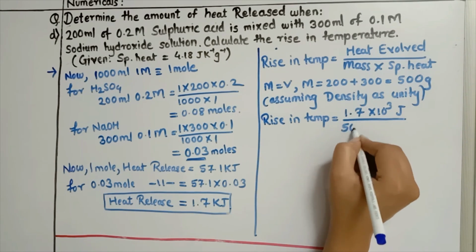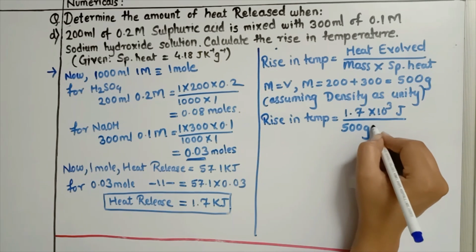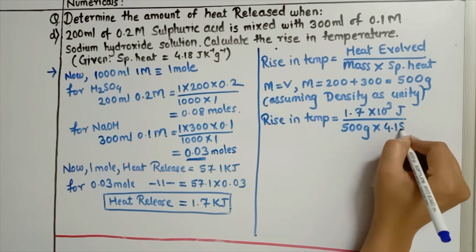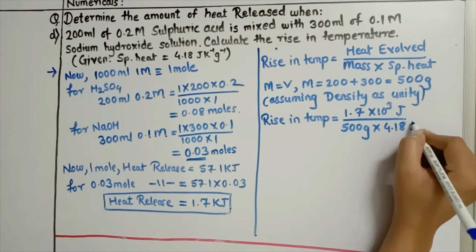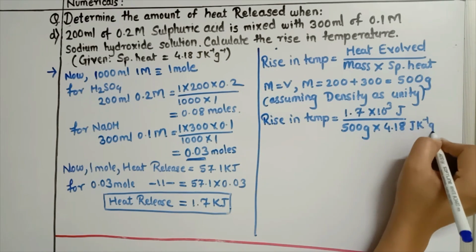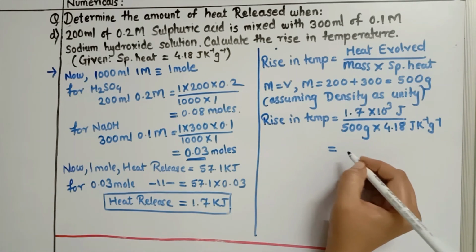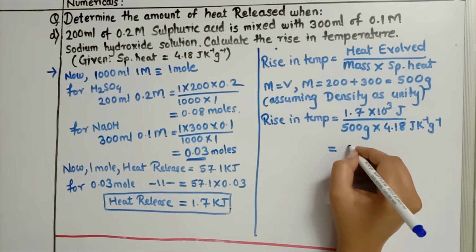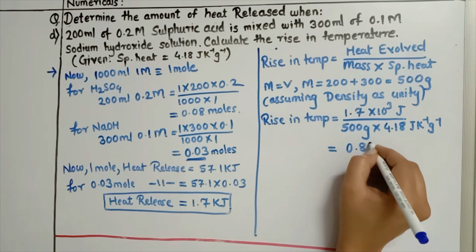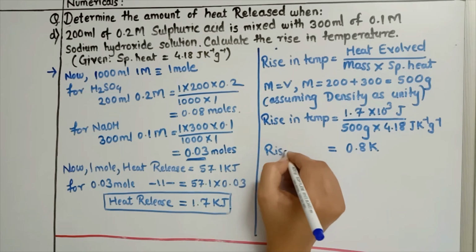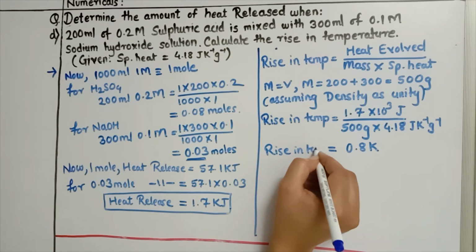Mass is 500 gram into specific heat is given as 4.18 joule per Kelvin per gram, and that comes to be 0.8 Kelvin. Okay, rise in temperature.